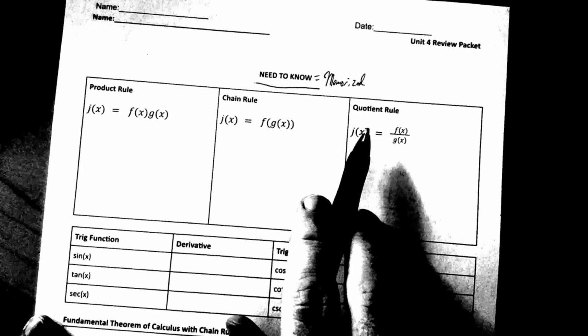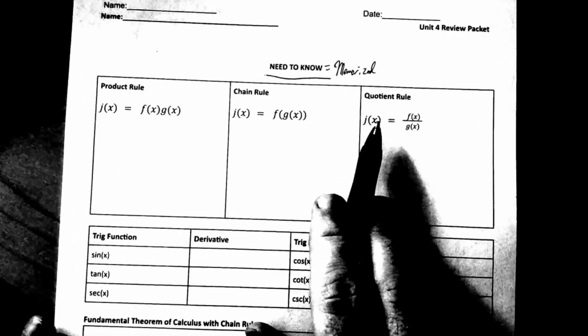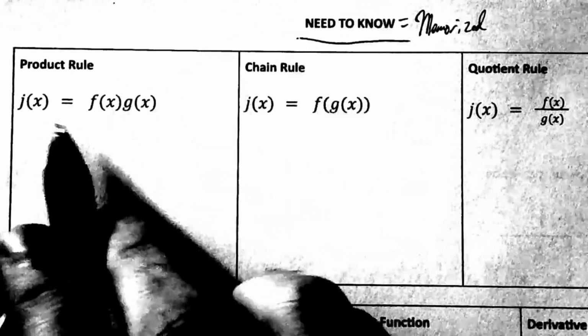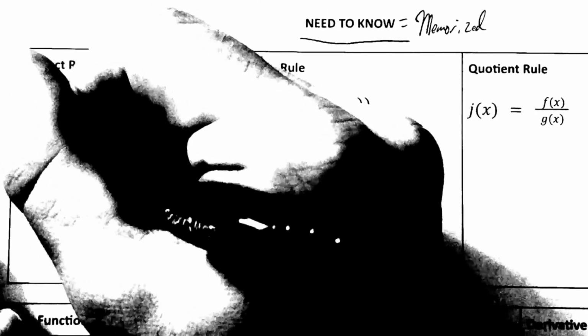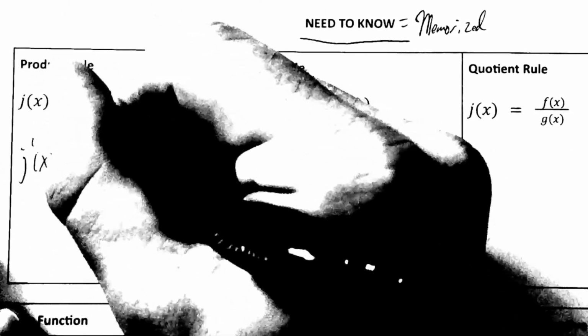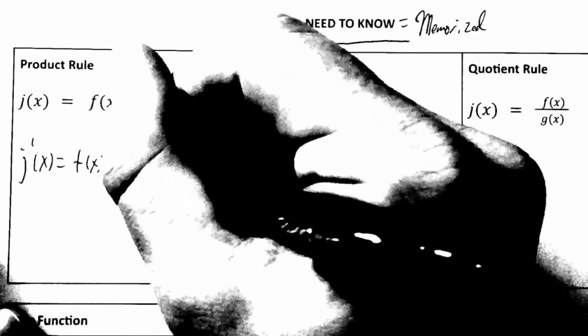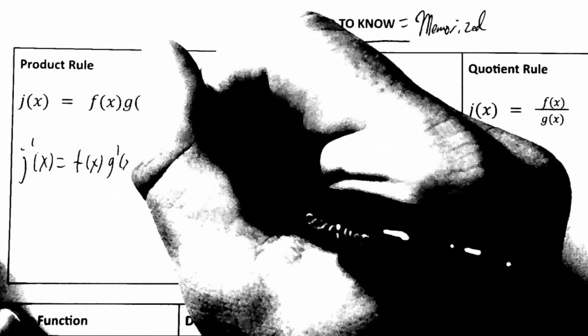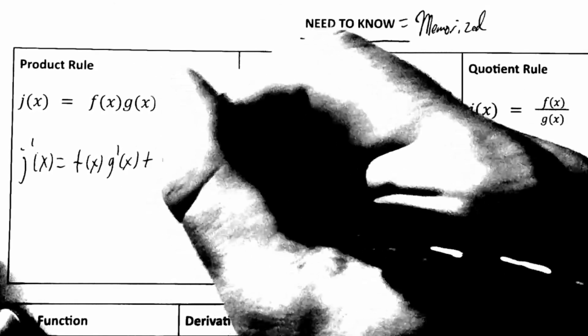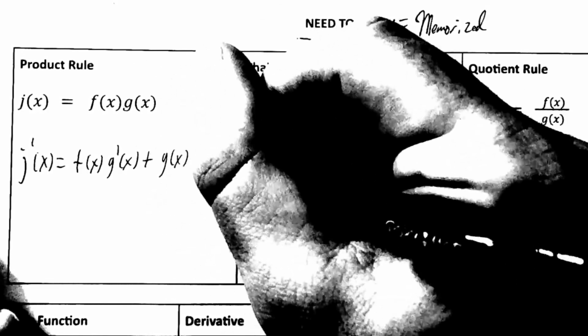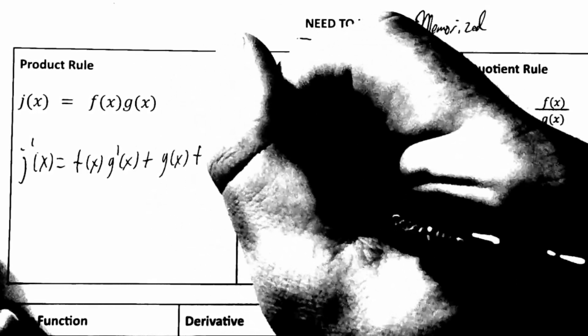So here we have the setups for the different rules. So again, product rule, that is multiplication when you have one function times another function. And you should know the derivative would be f of x times the derivative of g of x plus g of x times the derivative of f of x.